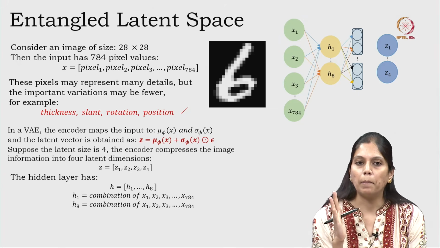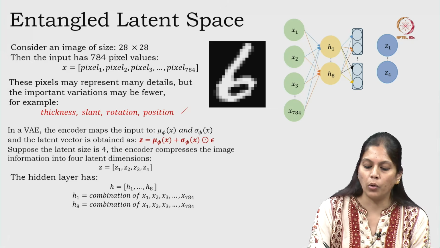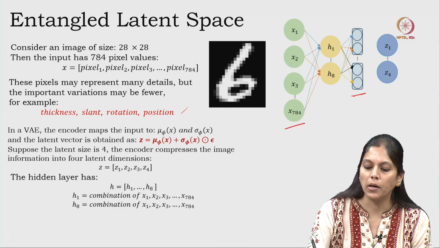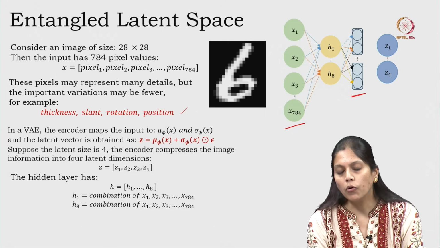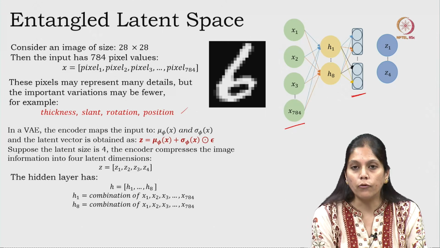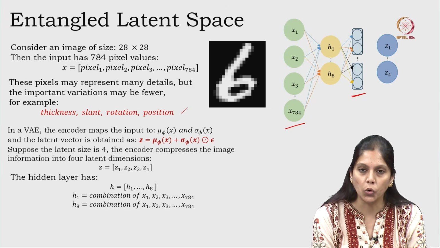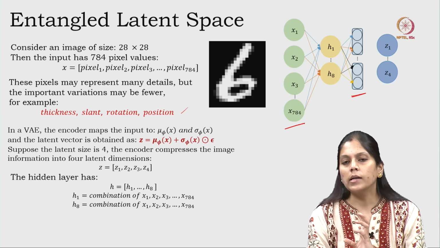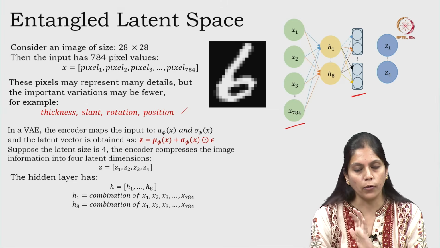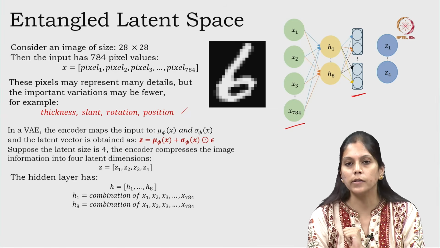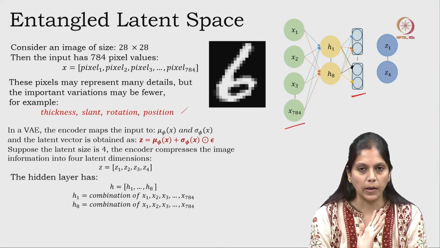The encoder maps the input to these distributions. Yes. So, now suppose you keep the latent space as 4, if the dimension is 4, then Z1, Z2, Z3, Z4 are the 4 latent representations. I hope this is clear to us.